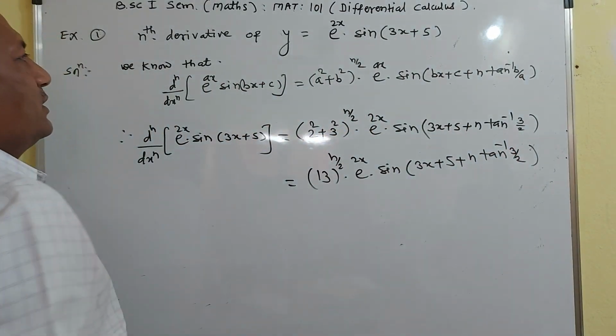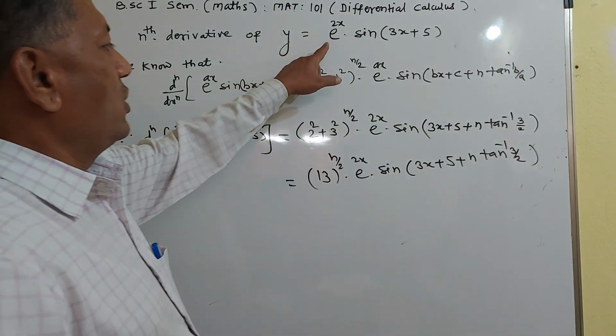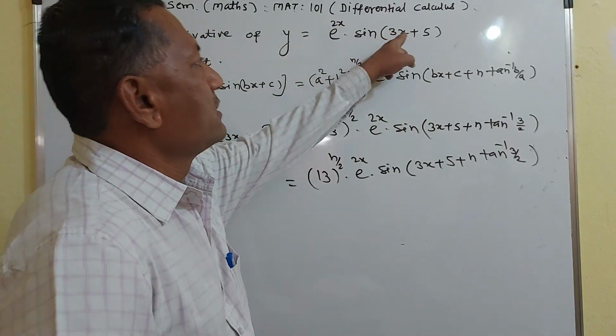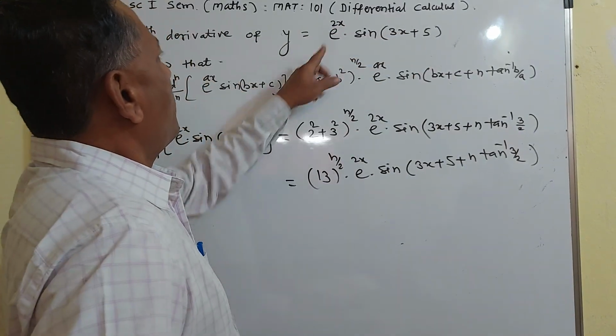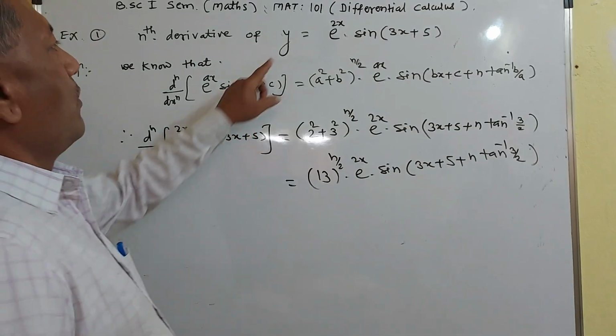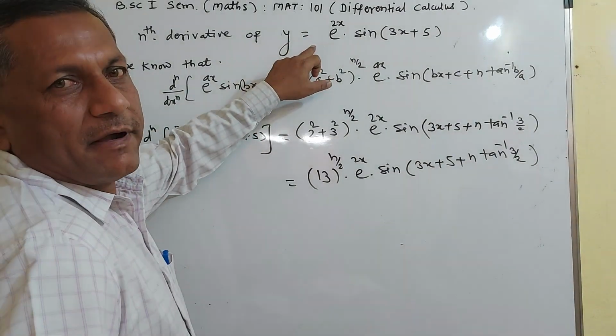So this is the nth derivative of the given function y is equal to e raised to 2x into sin of 3x plus 5.